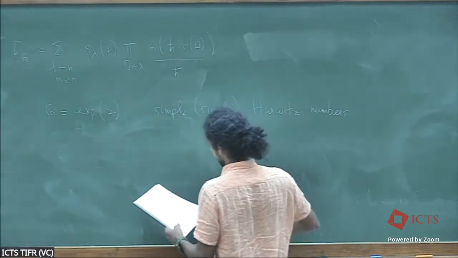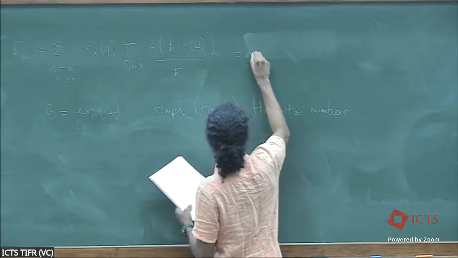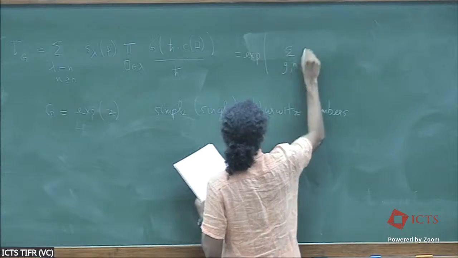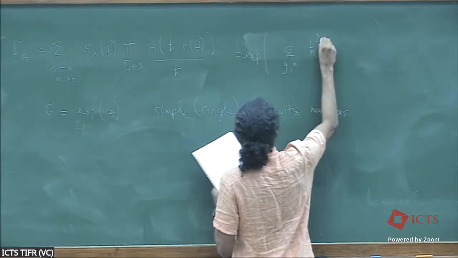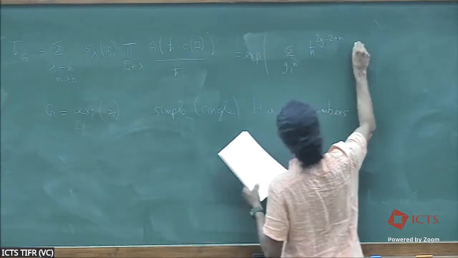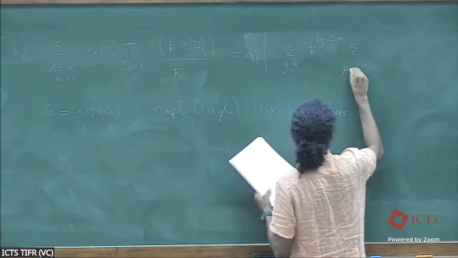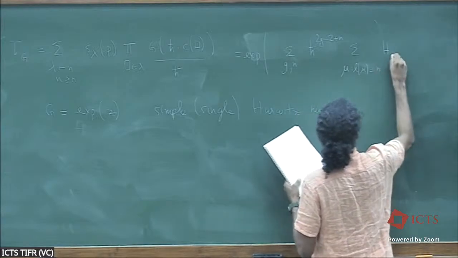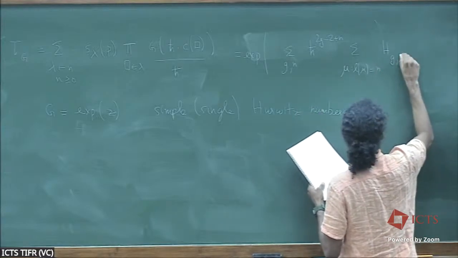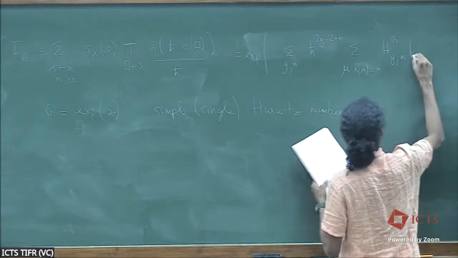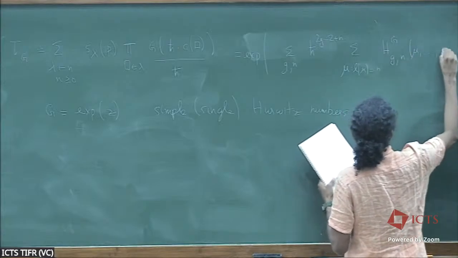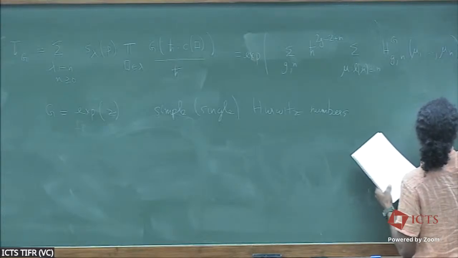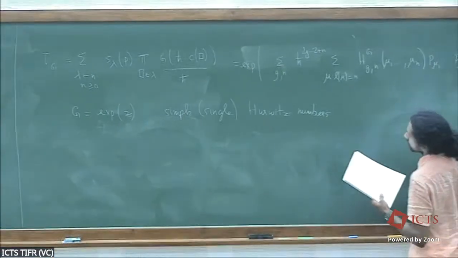Okay. This guy has an expansion as follows: the sum over partitions of length n, and these p's are the power sum variables.